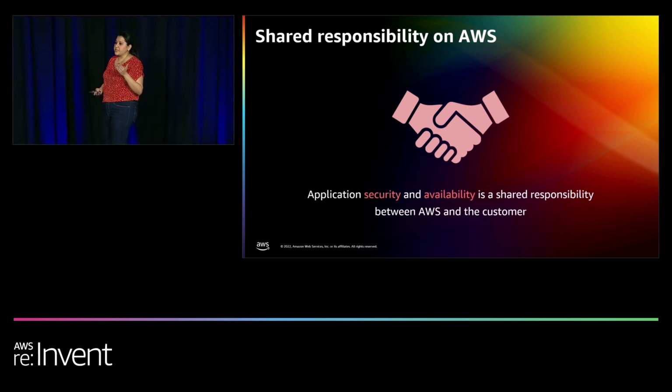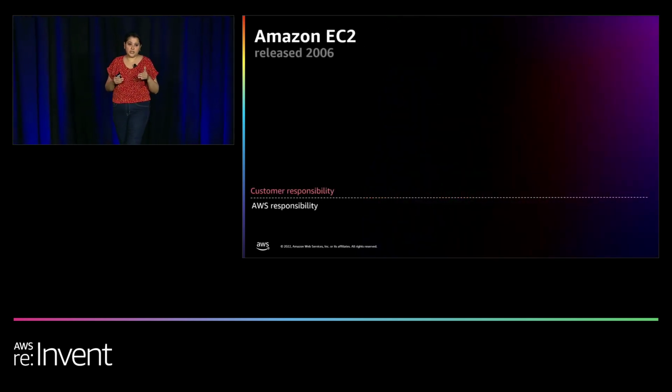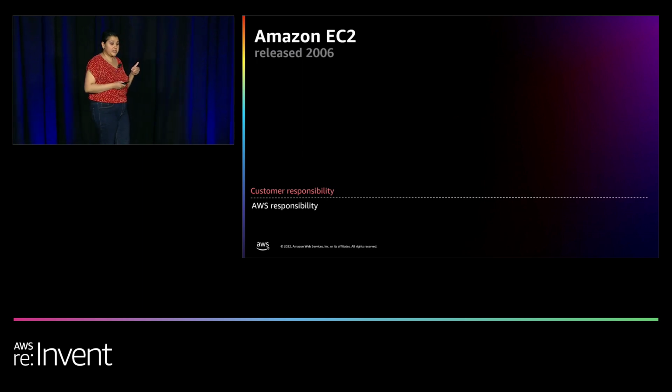So there are going to be parts of the stack that we own the responsibility for, and there will be parts of the stack that you will own the responsibility for. And we're going to use this lens of shared responsibility to go through each of the services in the context of that web application.